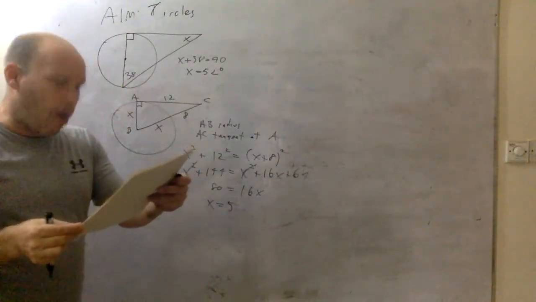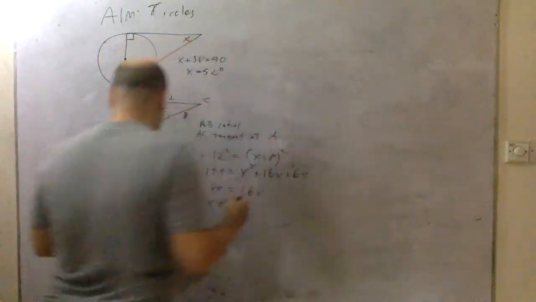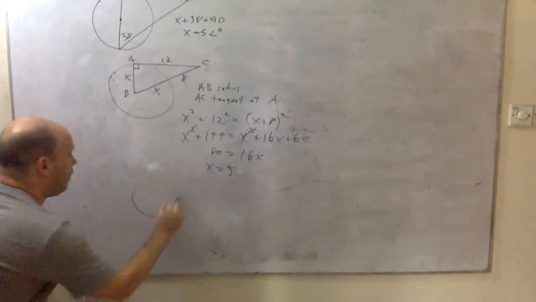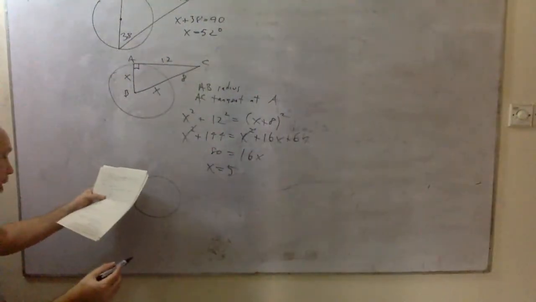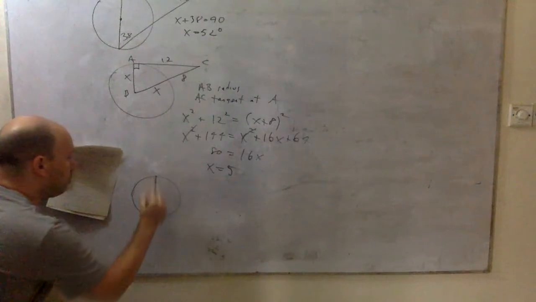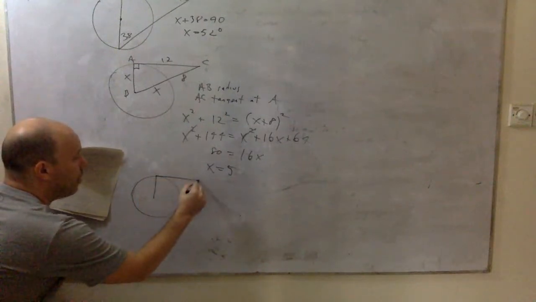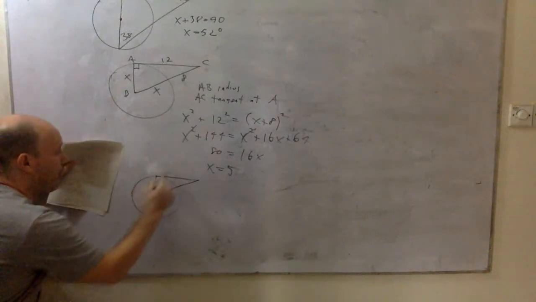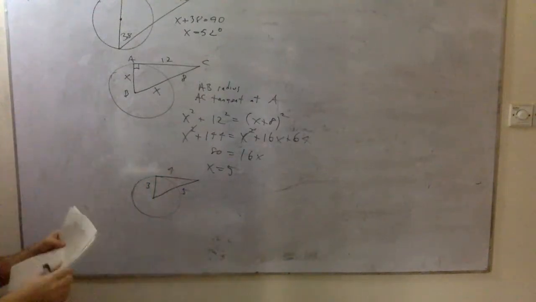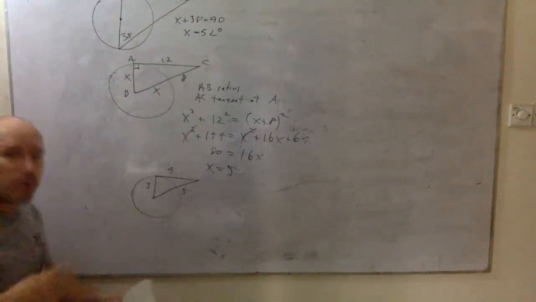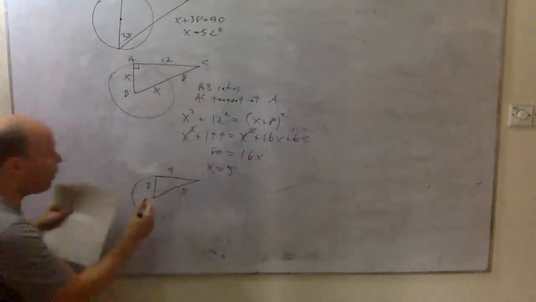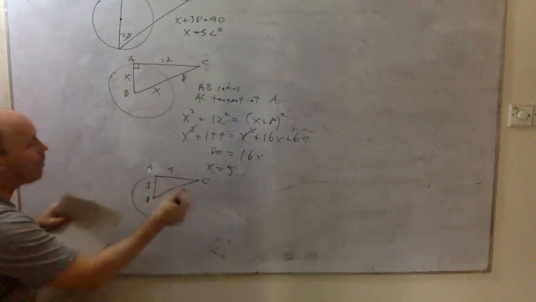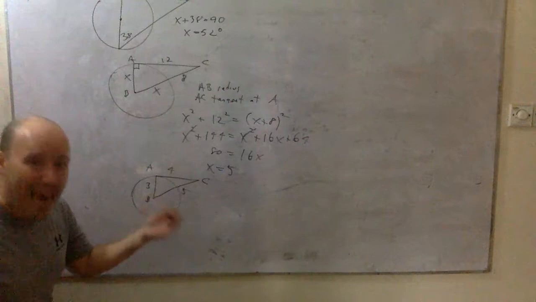Let's try another one. We were given this diagram. Can I draw it down here at the bottom? We are given a circle here. We're told that this is a segment, this is a segment, and this is a segment. We're given the sides, 3, 4, 5, and you're asked to prove this whole segment is 5. Let's call this A, B, C, and you would be asked to prove, is AC tangent to circle B?